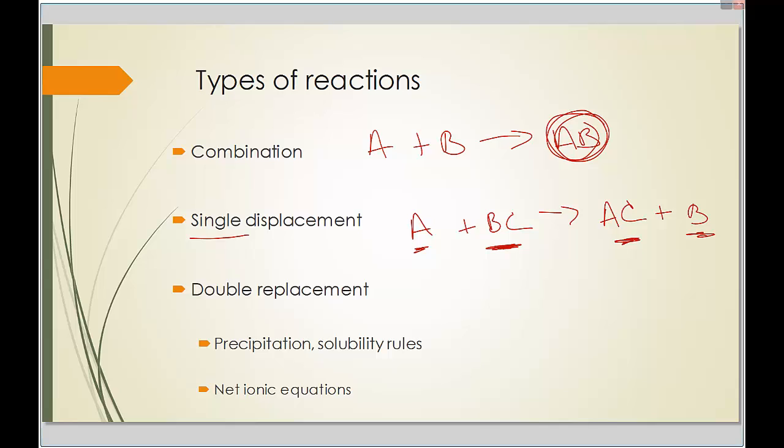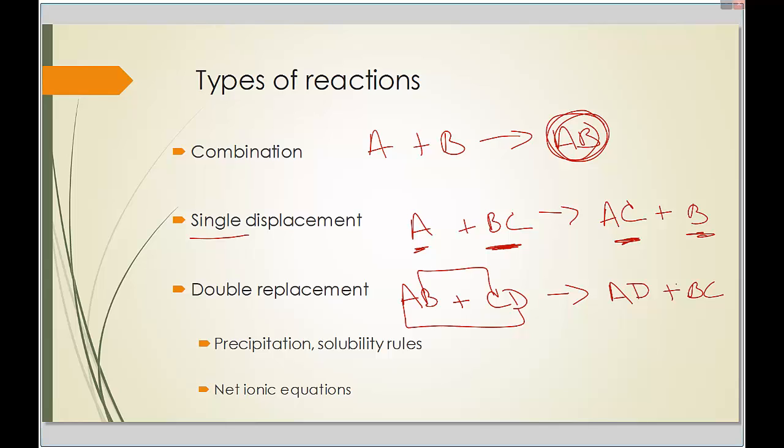Double replacement is if we have 2 compounds and then they switch places. So then A is with D, and B is now with C. So these two came together, and these two came together. But notice that they switched partners here. Know your solubility rules and know how to follow them, because the precipitation reactions occur with that.